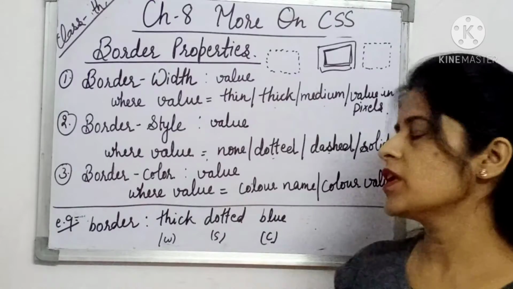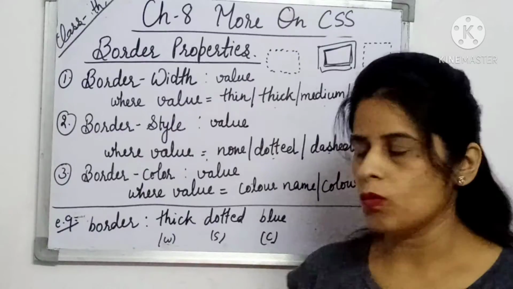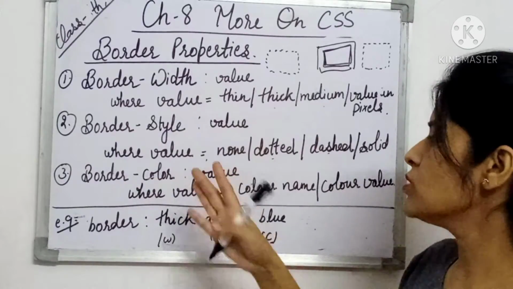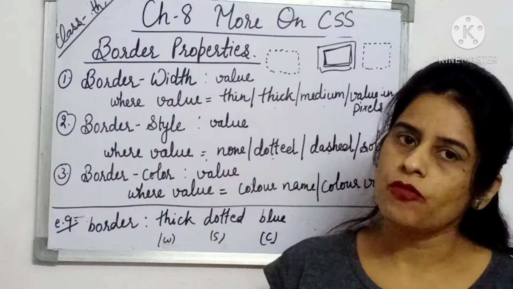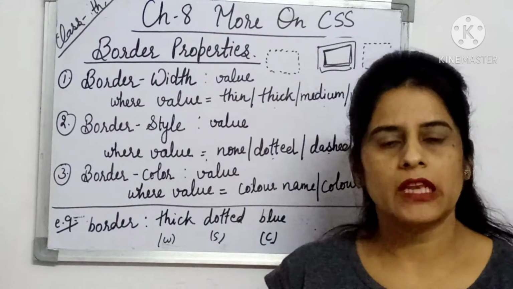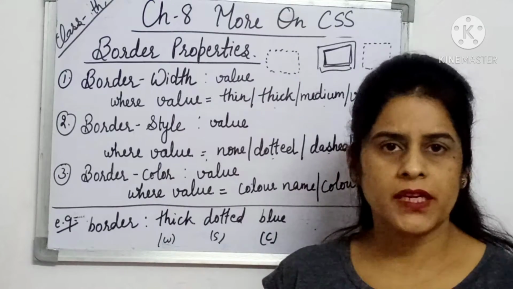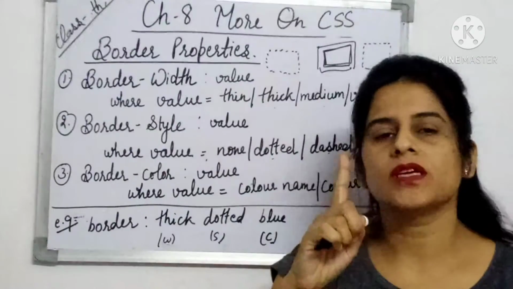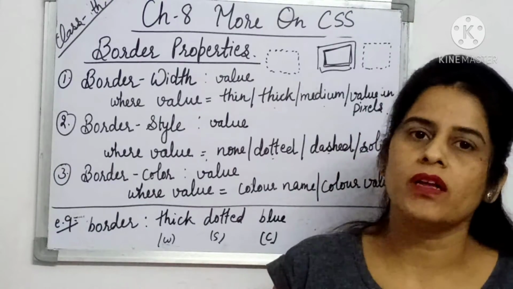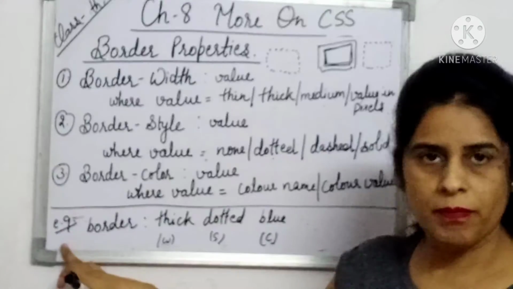And the third property of the border is the border color. What is the border color? By using this property, you can make your border colorful. You have to specify the name of the color: red, green, blue. And how you can use these three properties by using one property, that is the border property. For example, I am showing it.